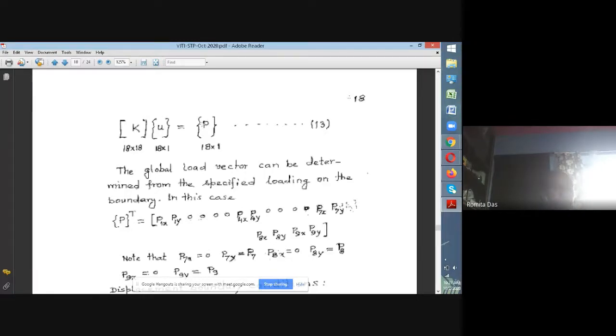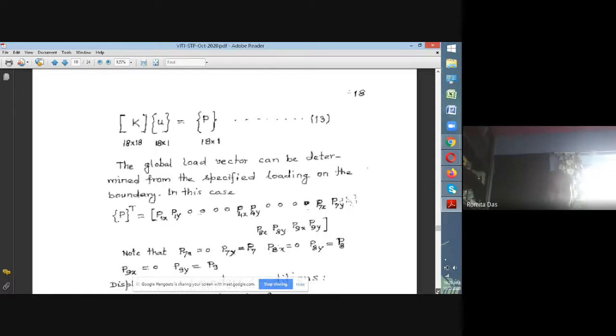By the potential energy principle too, we get the relationship stiffness multiplied by displacement equals load. So we get the global equilibrium equations finally. This is an alternative formulation, and it is also used very frequently to get the finite element equations at the element level and also at the global level.